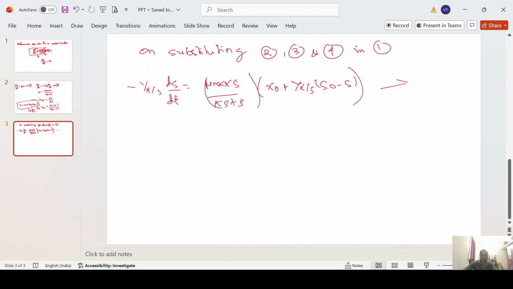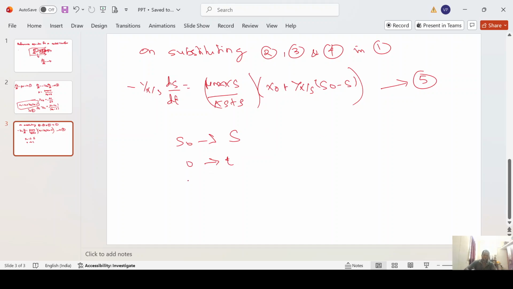Let us take this equation as 5. On rearranging this equation and applying the boundary condition from S0 to S and time 0 to t, we will be getting the answer.